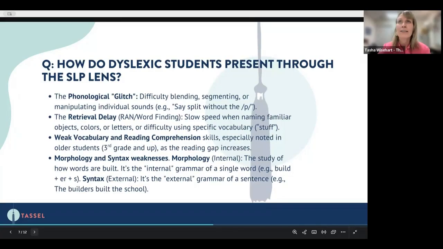From what I've seen, programs are being developed for teachers to have a dyslexia certification through their colleges, which is great. I know University of Georgia is doing that. But a lot of teachers maybe didn't have much training either, like SLPs. Teachers may have a course on this, but they're not necessarily trained. So everybody's sort of in the dark.